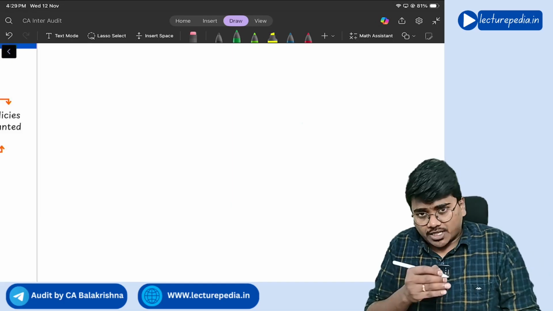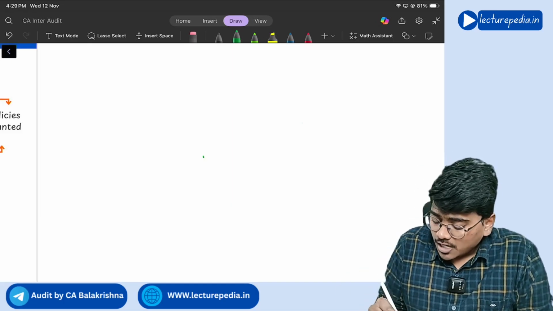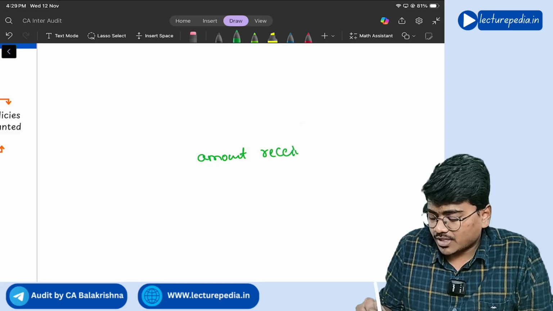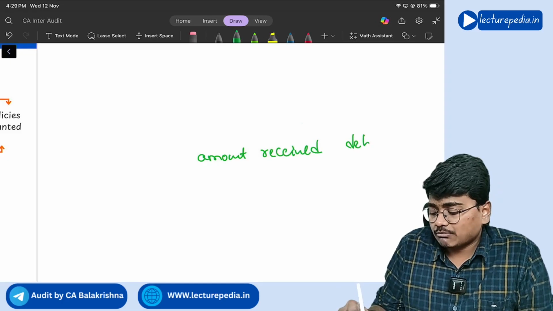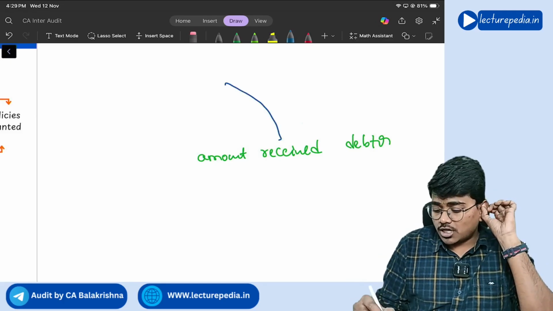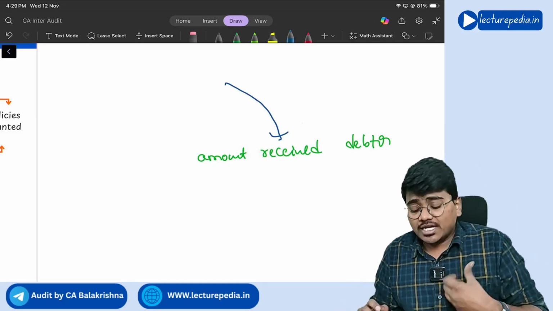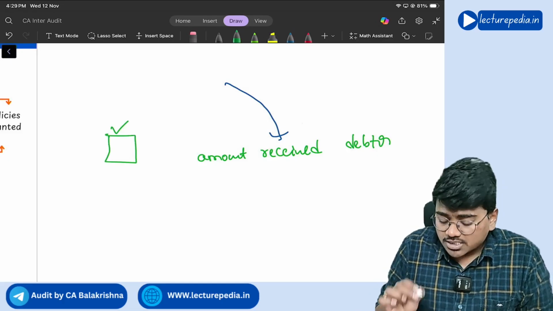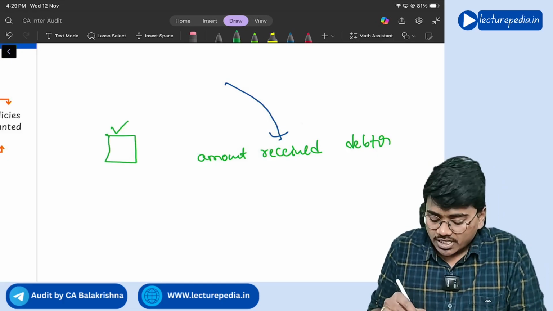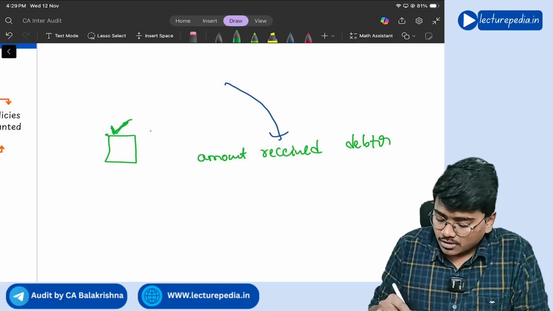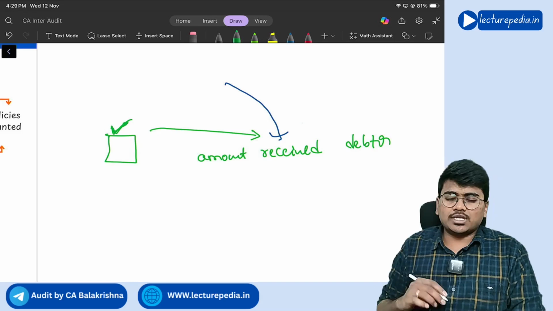during the year, an amount has been received from debtors. Now, while performing audit procedures on these transactions, you will get evidence about the existence of debtors in the opening balance. Only if debtors are present in the opening balance can the amount be received during the year, correct or not?